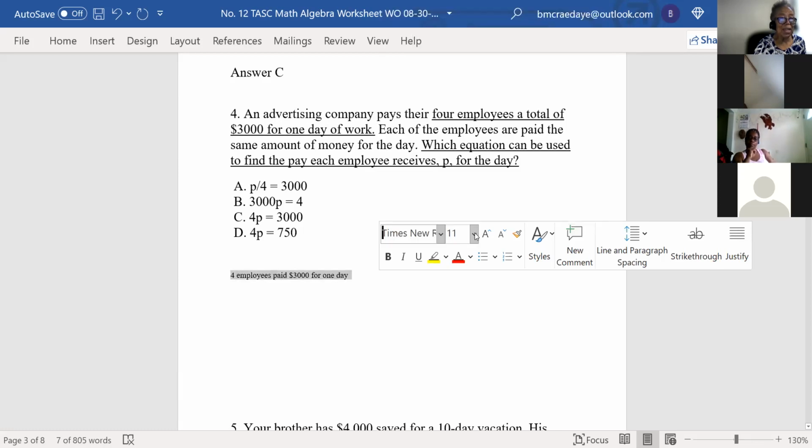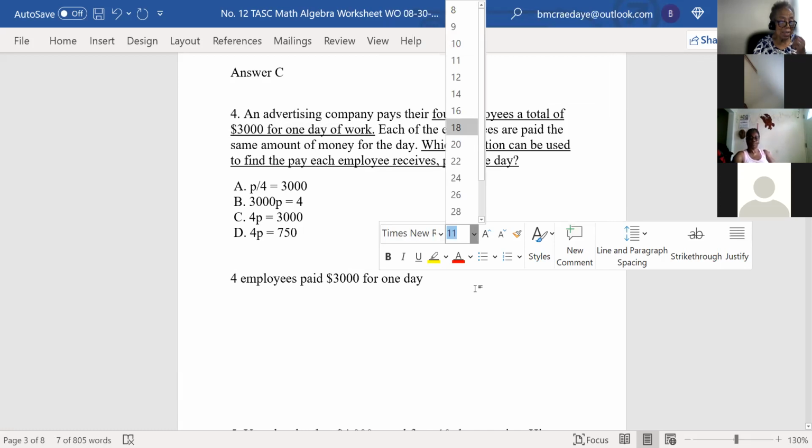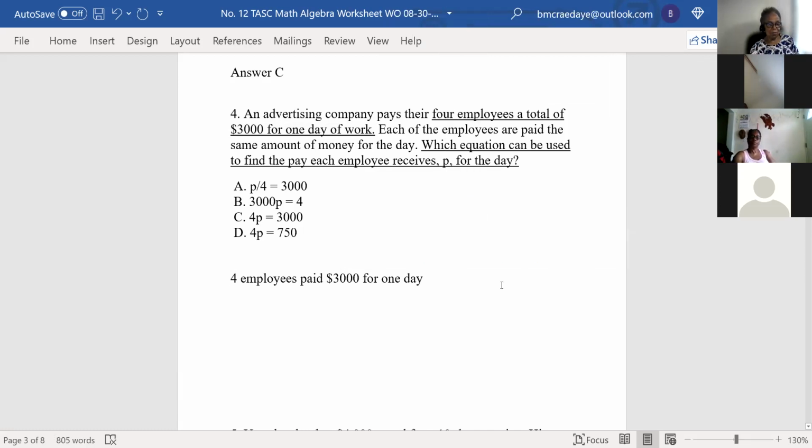So how would you find how much each employee got? So therefore, each employee is getting... That's 4 employees getting a total of $3,000 for 1 day. So tell me with these numbers, how would you find how much 1 employee gets?